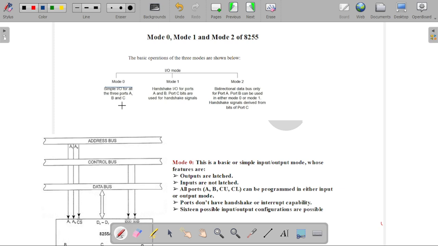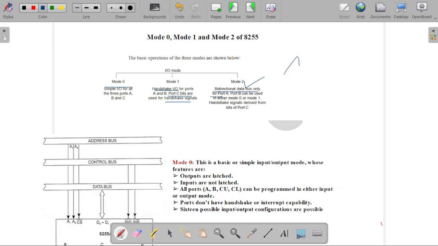In mode 1, we use it for handshaking of input and output signals, and port C is used for the handshaking signals. Mode 2 is used for a bidirectional data transfer bus, and it is used for port A.